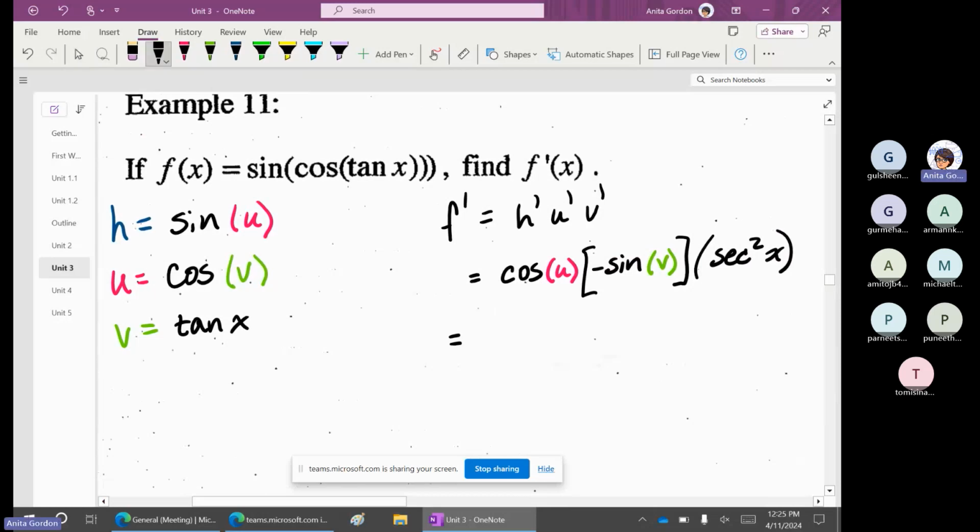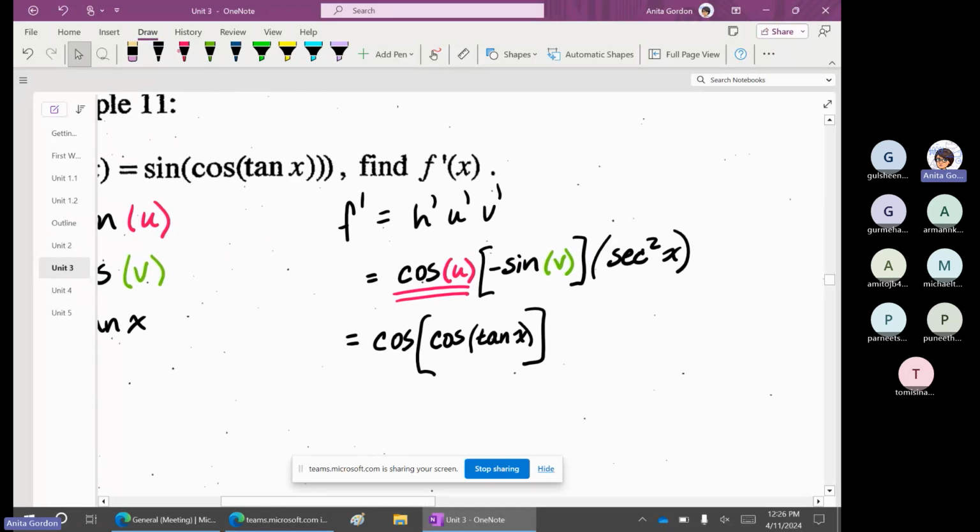So now I have to substitute back a couple of times. Cosine of U is cosine of tan X, right? Because U is cos V and V is tan X. Are we following that? Okay, so this is that part done.